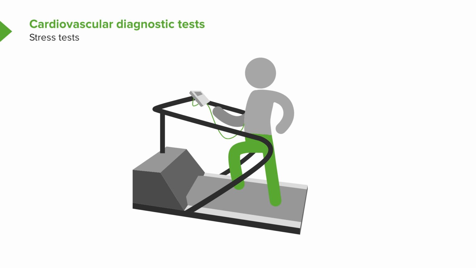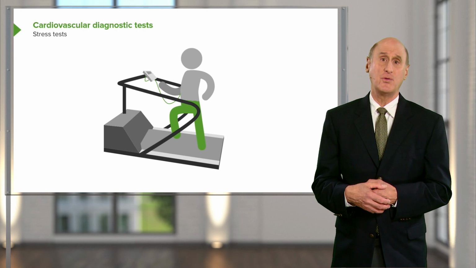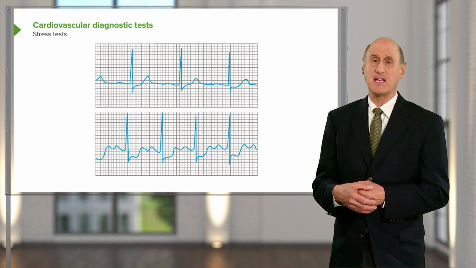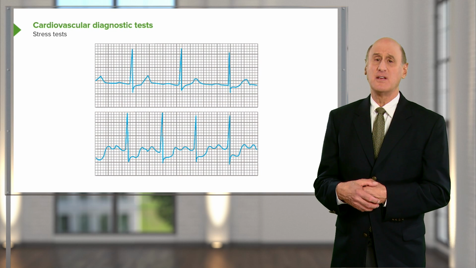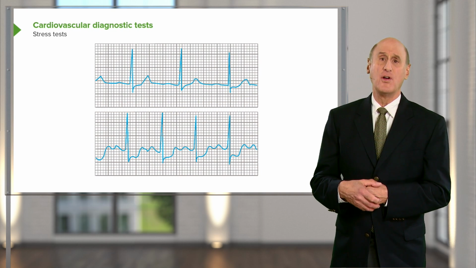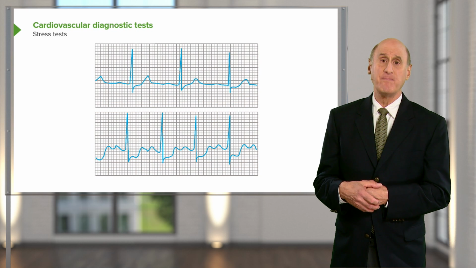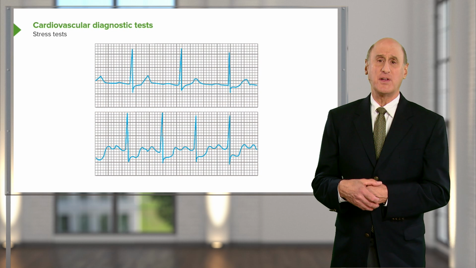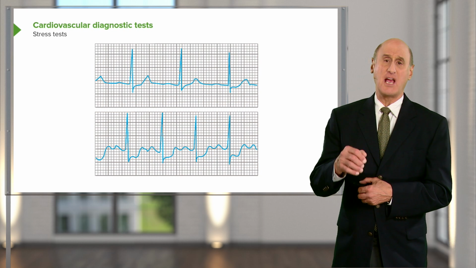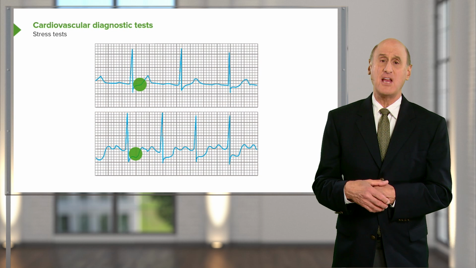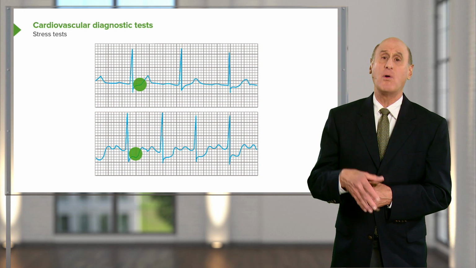And here we see just a little cartoon of somebody walking on the treadmill. They'll be all hooked up to the electrocardiogram, and we'll be looking for the stress test response. Here are two examples of EKG tracings. The one is at baseline at the top, and the one at the bottom is at peak exercise. You will notice that there is a decrease, a drop in the ST segment, that is the area of the EKG immediately after the big QRS.